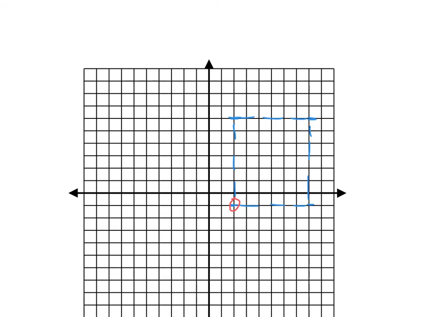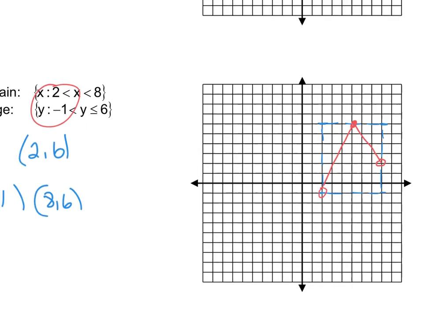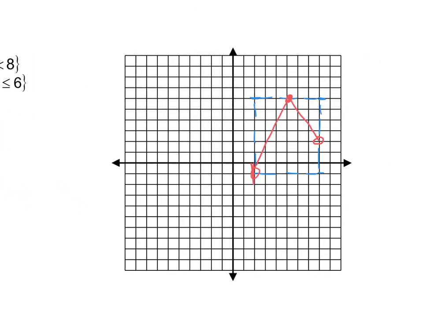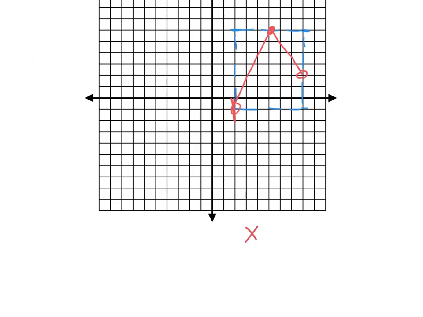Now, one way to fix this, sorry, I'm going to have to go back here quite a bit to erase that line. There we go. I know I want it at some point to equal 6, but I need it to be below 8 when that happens. So if I make a line up here and then make an open point somewhere here at the end, now let's check the requirements. If I were to just write the domain, I'd have my x here, right?